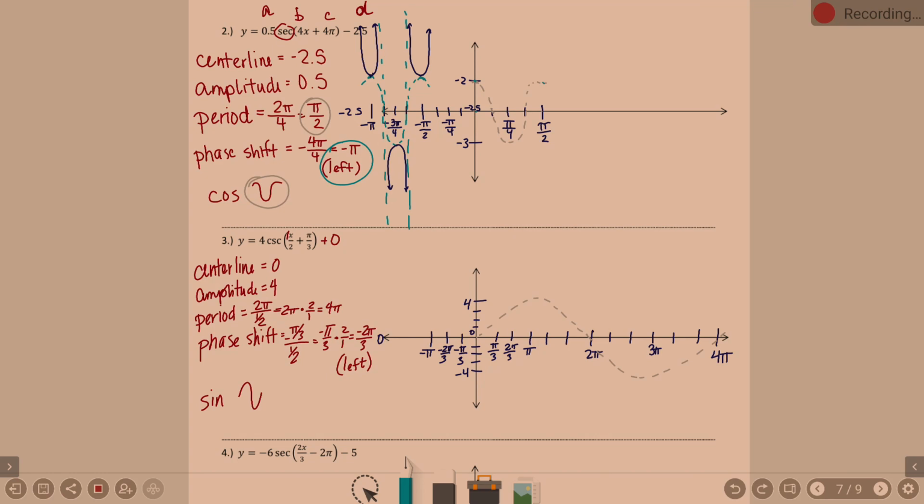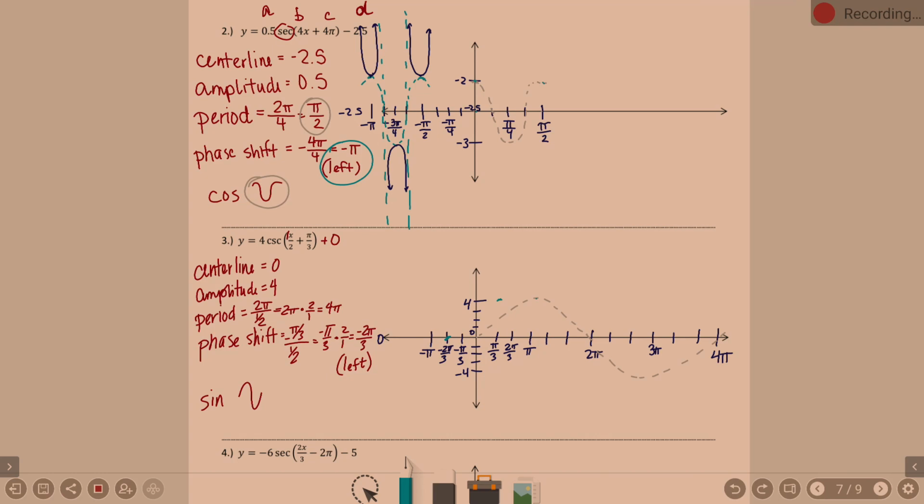What are we going to do with this graph? We'll move left 2 pi over 3, which is 2 tick marks, right? So it was starting at 0, 0. Now it's starting at negative 2 pi over 3. This max was above pi. If I move that left 2 tick marks, now it's going to be above pi over 3. Are you with me? We were crossing through at 2 pi.